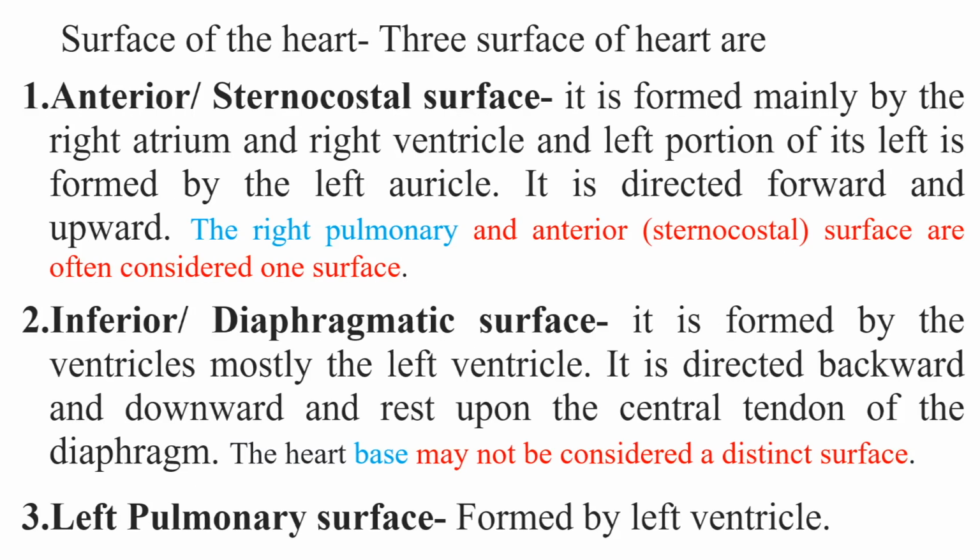What are the surfaces of the heart? The first one is the anterior surface, also known as the sternocostal surface. It is formed mainly by the right atrium and right ventricle, and some of its left portion is formed by the left auricle.